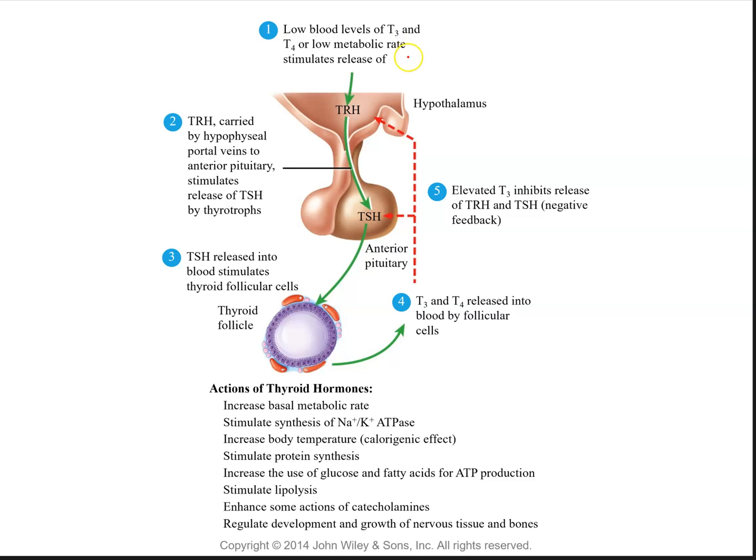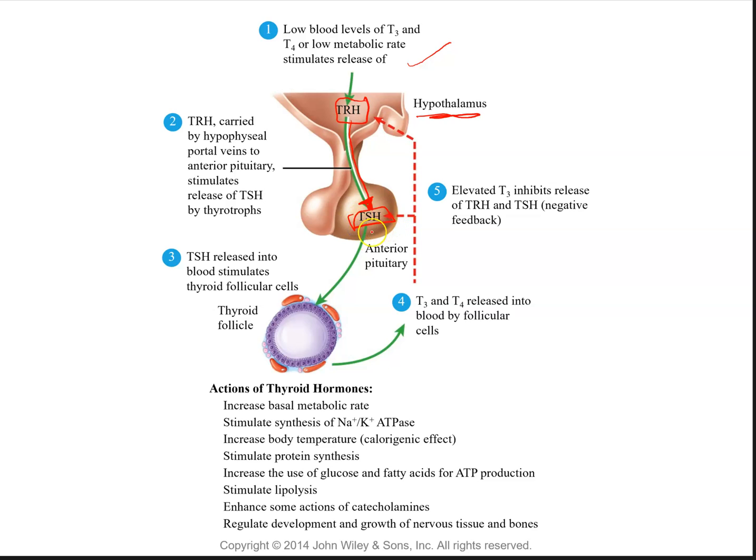And when there are low levels of T3 and T4, the hypothalamus first releases thyroid releasing hormone, and the thyroid releasing hormone stimulates the anterior pituitary cells to secrete thyroid stimulating hormone.